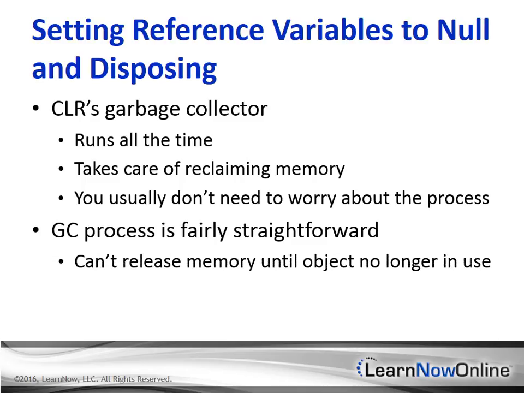Now, the garbage collector can't release an object's memory until it's no longer being used. For local variables, when the method ends, the variable goes out of scope and the garbage collector can release its memory as is needed. For variables that are declared outside a method, you can explicitly set the variable to null in order to exert some control over when the memory is released.